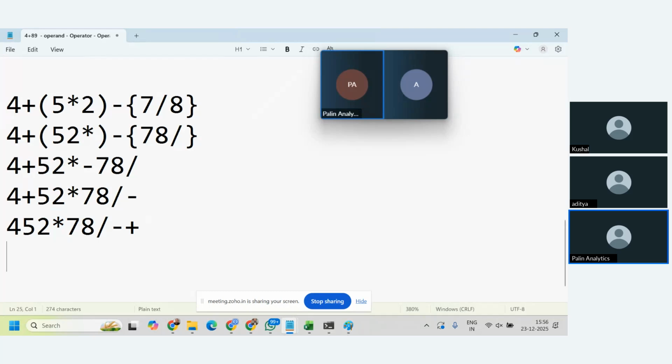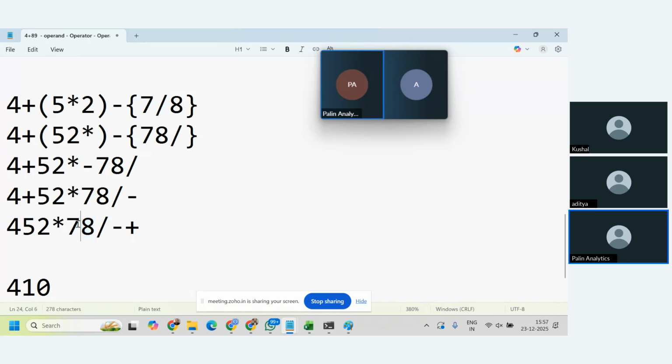Okay, and this 10 will be pushed back to the stack. Now it will move to 7. This 7 will be pushed to the stack. Then 8 also will be pushed to the stack.